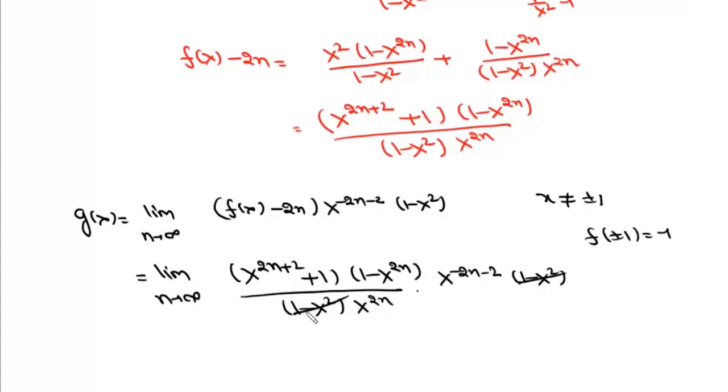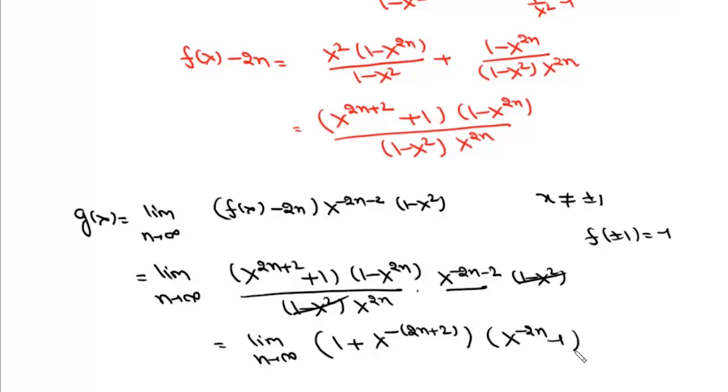Now this 1 minus x square will cancel. Now we multiply this, here we write this as limit n tends to infinity of 1 plus x to the power minus 2n plus 2, and here it is x to the power minus 2n minus 1.